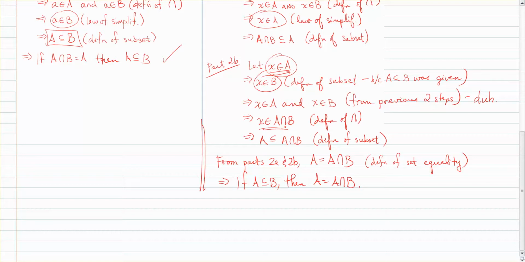So there's really one last thing you have to write from parts 1 and 2. We can conclude that A intersect B equals A if and only if A is a subset of B, because we proved if this then that, and if that then this.